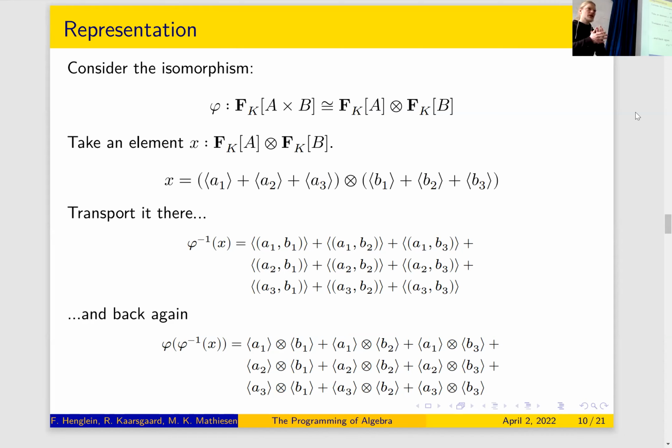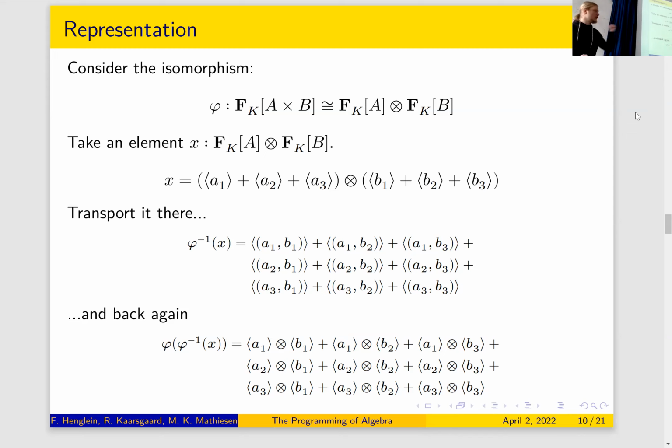So first from right to left, the isomorphism. To actually apply the isomorphism, we would have to expand this tensor bilinearly, because we want to reach the base case where it's a generator times a generator, because then we can construct the pair that we need to have elements of the free space over the product. So then we have to reach something like this, when we're actually listing each of the combinations.